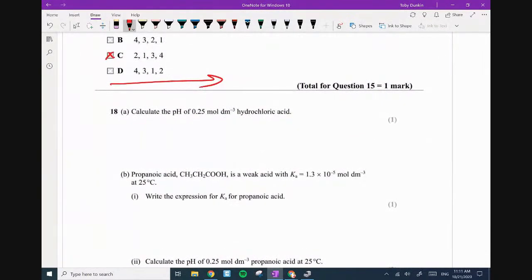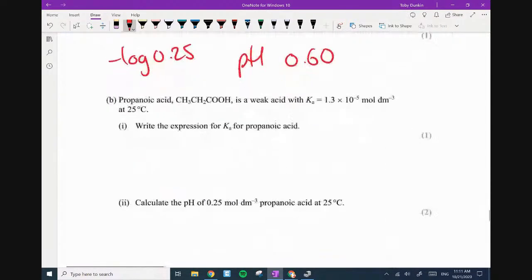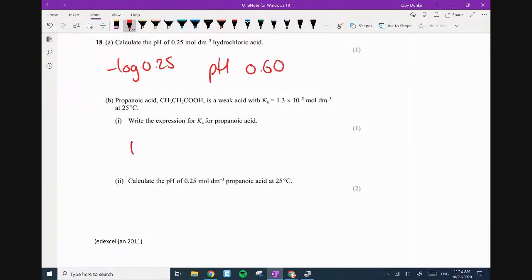Next one, calculate the pH. So minus log 0.25. Calculator turned off. 0.25 gives me a pH of 0.60. Next, propanoic acid. Write an equation for it.